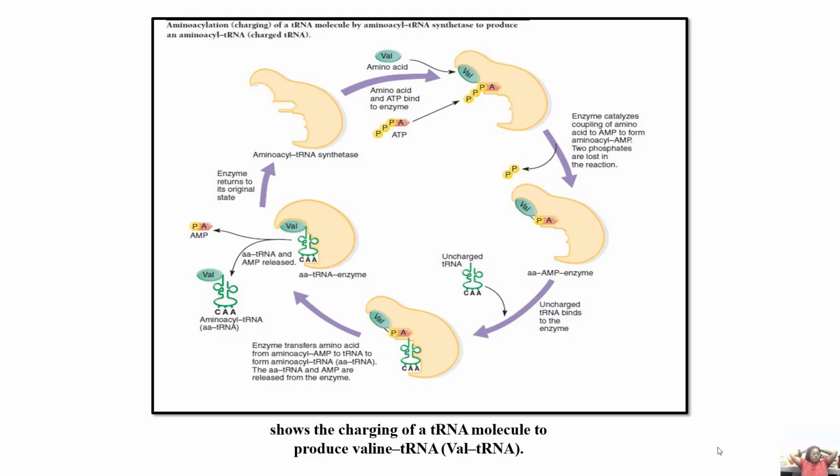If you can see, the amino acid valine and ATP bind to the enzyme. The enzyme catalyzes coupling of the amino acid to AMP to form amino acid AMP. Two phosphates are lost in the reaction. Uncharged tRNA binds to the enzyme. The enzyme transfers the amino acid from amino acid AMP to tRNA to form aminoacyl tRNA. The aminoacyl tRNA and AMP are released from the enzyme.